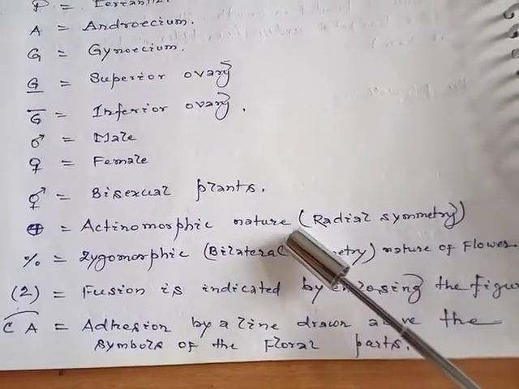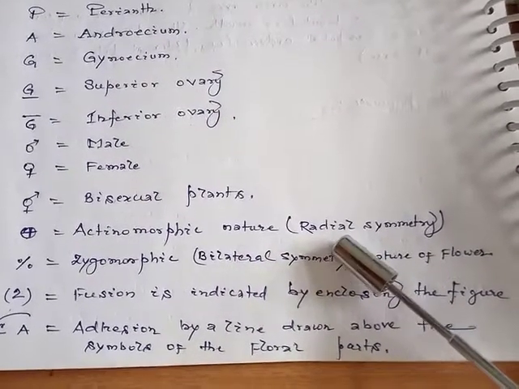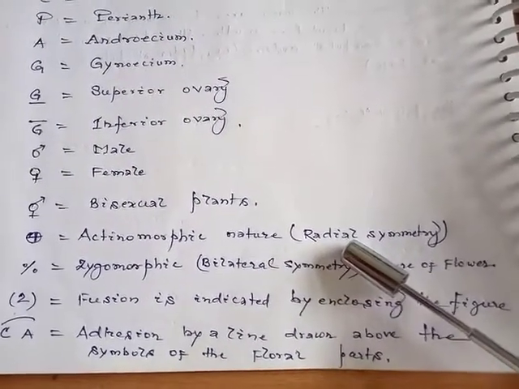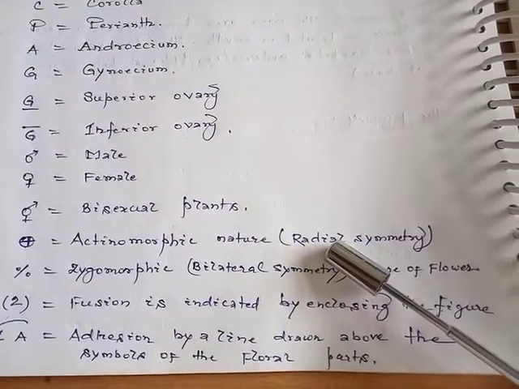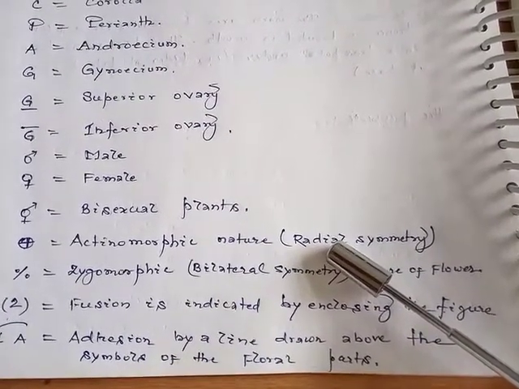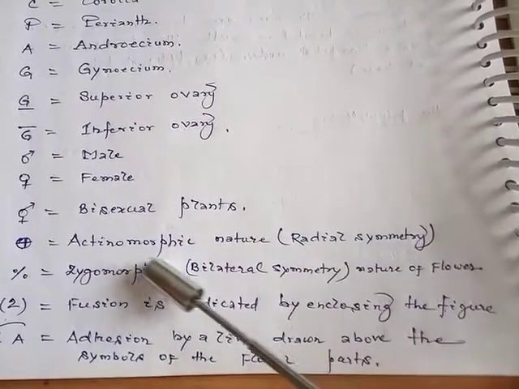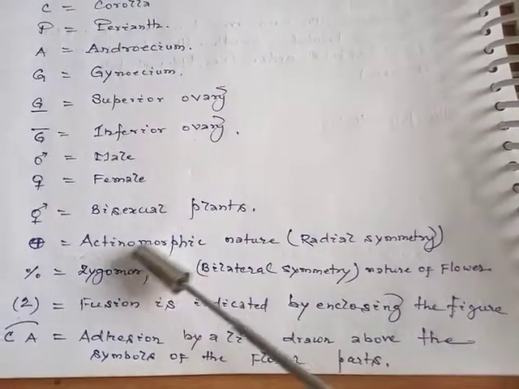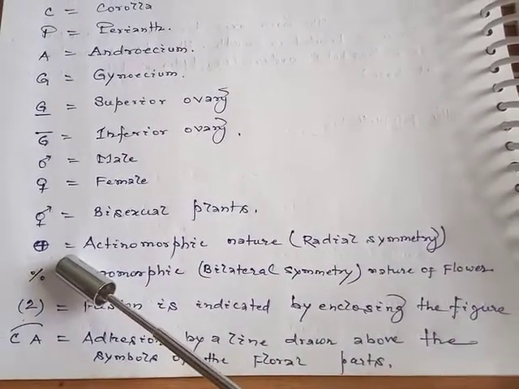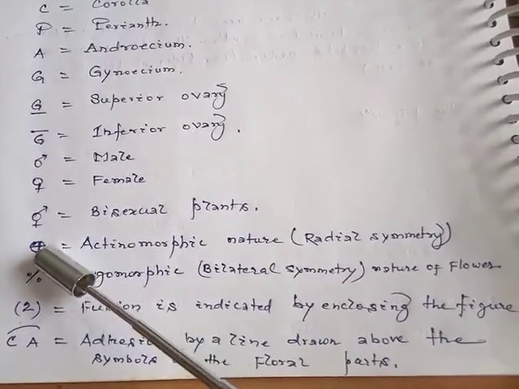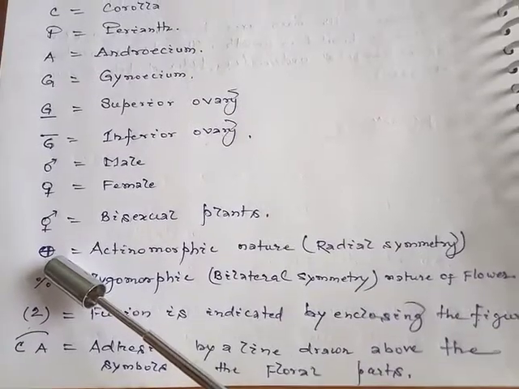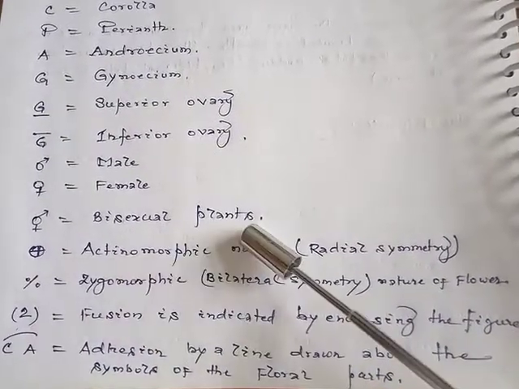Just as we have discussed radial symmetry in the case of animals, where the animal can be divided into two equal halves through many radii passing through the central axis, here also the flower is called actinomorphic. So the sign used is an O shape, within which we use a plus sign for the actinomorphic nature.